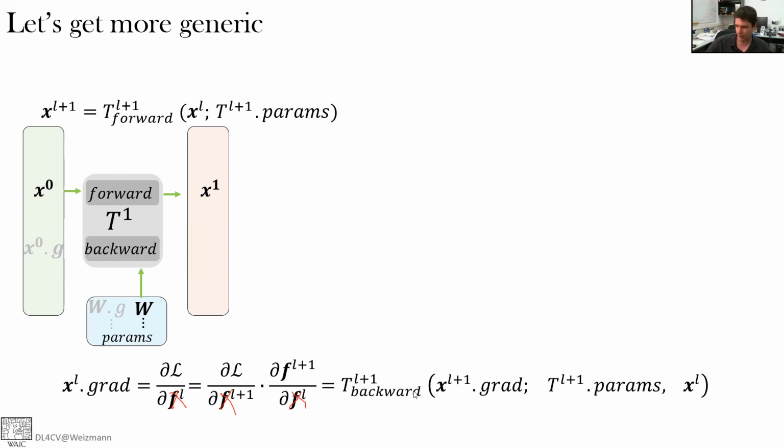So the backward method is defined so that it returns the gradient of XL when given the gradient of XL plus 1. So the same way the forward function propagates forward the values of these tensors or neurons or whatever, the backward function backpropagates the gradients.